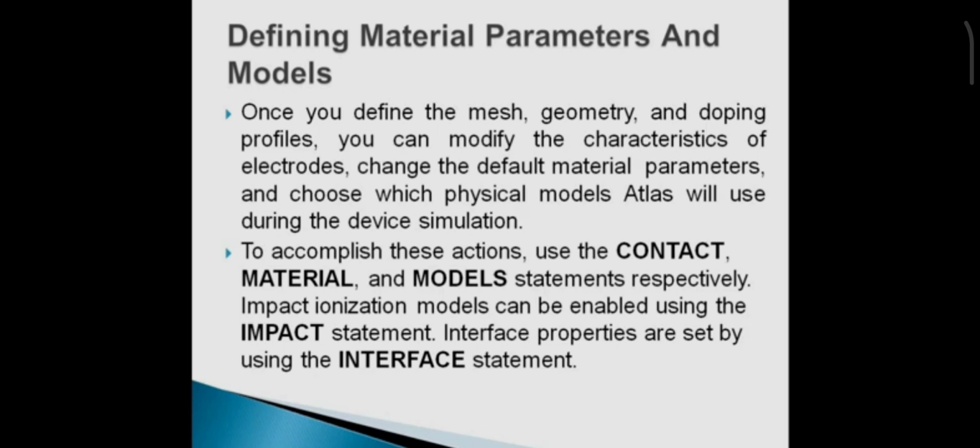In the next slides, we will discuss how to define a contact, how we can introduce a new material and which models are available in the Atlas manual. Impact ionization model can be enabled using the impact statement. Interface properties are set by the interface statement. Next slide please.